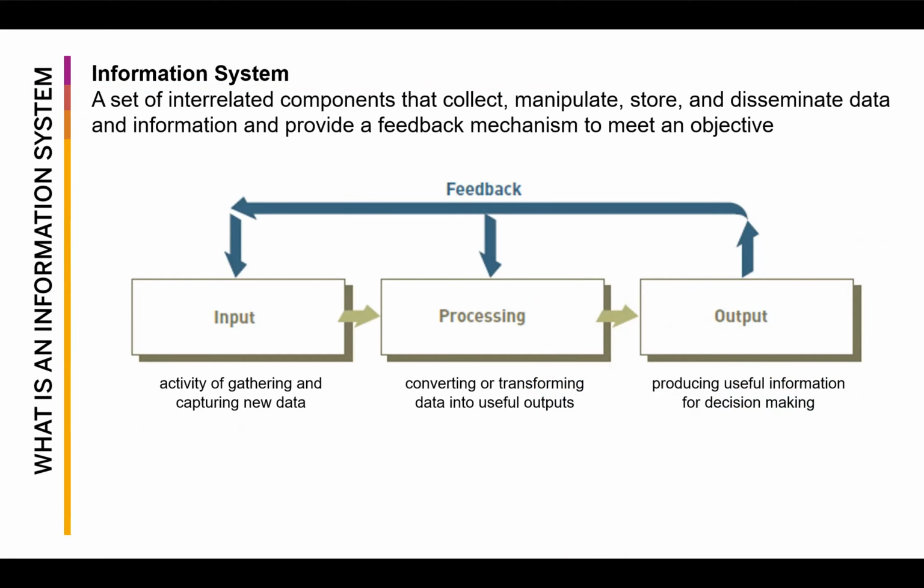If your system is capturing sales, then it could send us information or feedback regarding our sales performance. So we have three processes, or basically four: the input, processing, output, and the feedback itself.